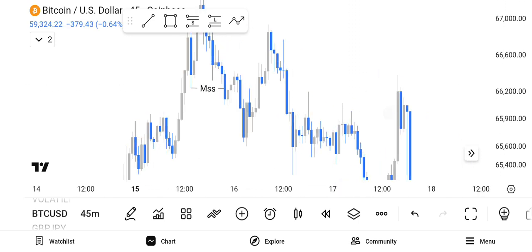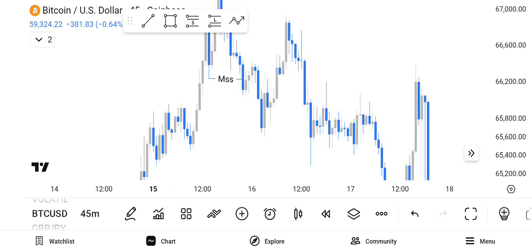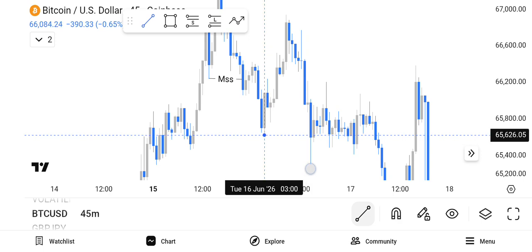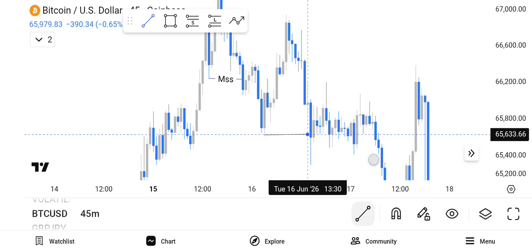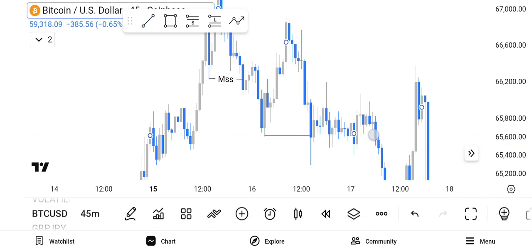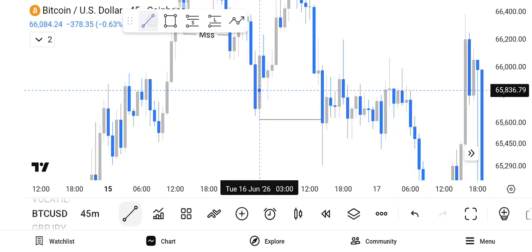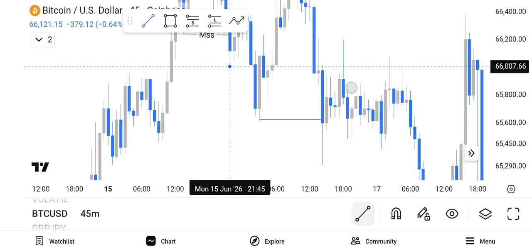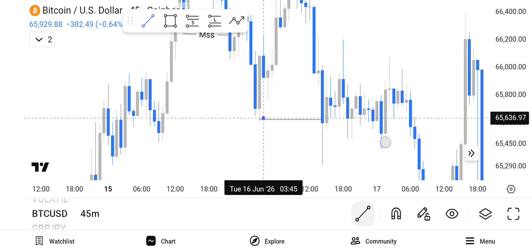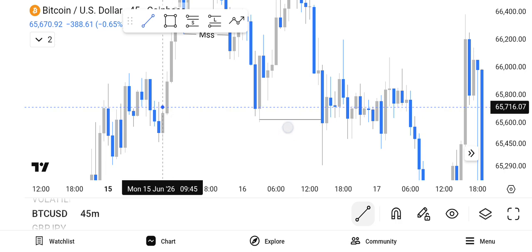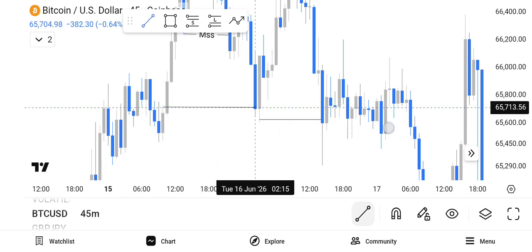And then we have another significant break here. The market took this low out, and we can see that this here is a break of this structure, the structure that the market had here and could not break.